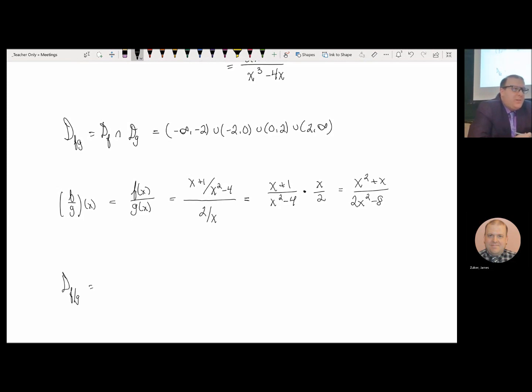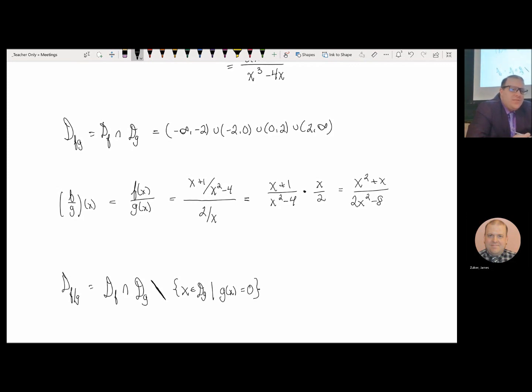The domain. Domain of f intersected with the domain of g, minus the set of all x in the domain of g such that g of x is equal to 0.